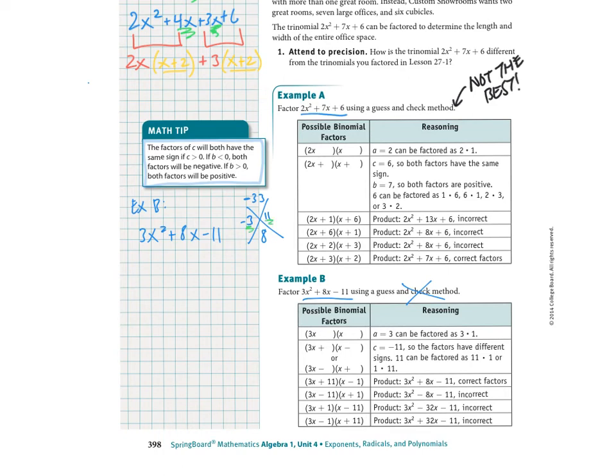Now we're going to use those, the -3 and 11, to replace the 8x. Not just -3 and 11, but -3x and 11x. So our first and last terms stay the same, and we replace the 8x with -3x and 11x. Now, the order of these doesn't really matter.